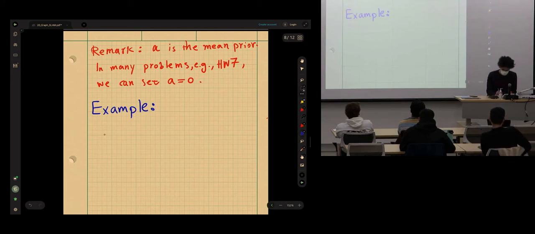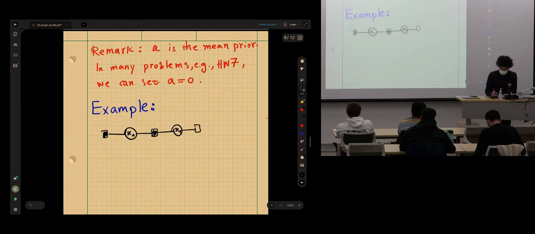Let me draw the graph. We have a factor graph. X0, X1, X2, and X3.